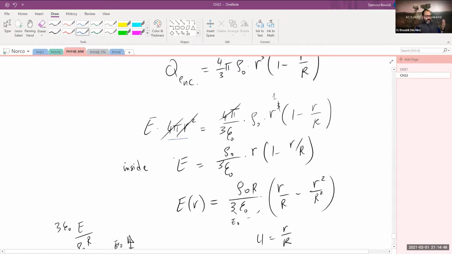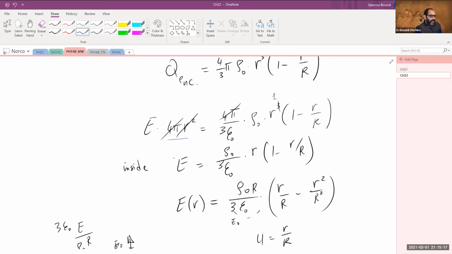With spherical symmetry, the electric field is pointing outward, so E and the area vector are pointing the same way. So the dot product becomes simply the regular product of the two magnitudes, because cosine of 0 is 1. And I also argued that the electric field has to be uniform throughout the entire sphere because I have spherical symmetry. So now E comes out of the integral, and I'm left with the area of a sphere, which is 4 pi r squared. Okay.